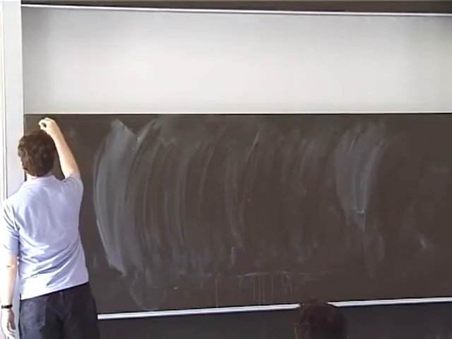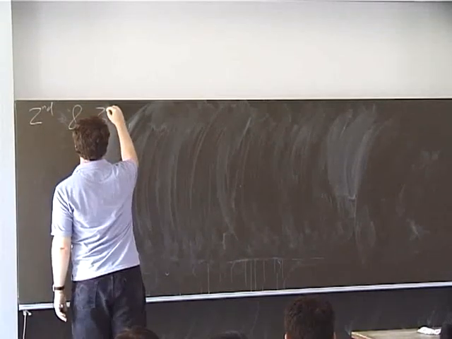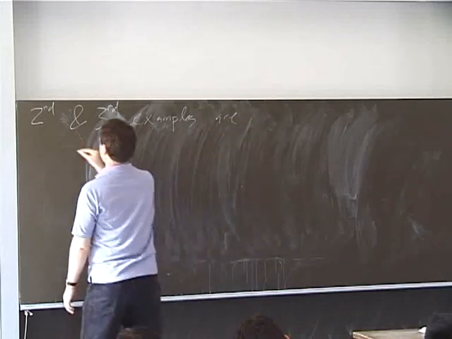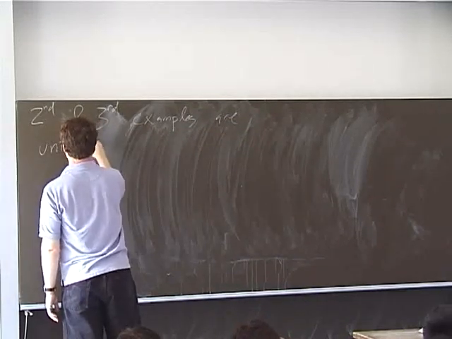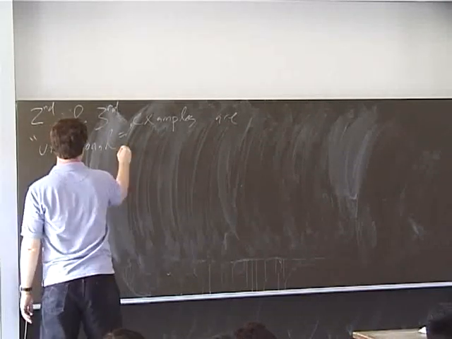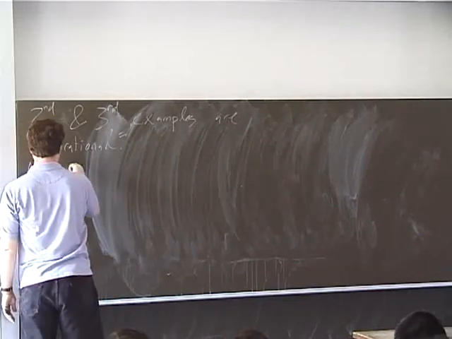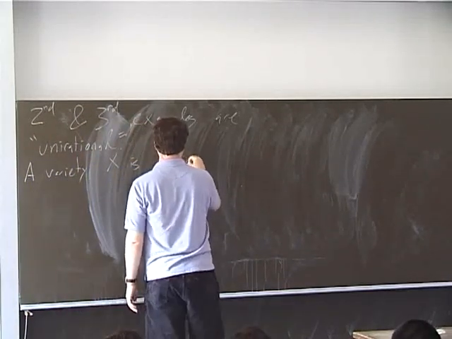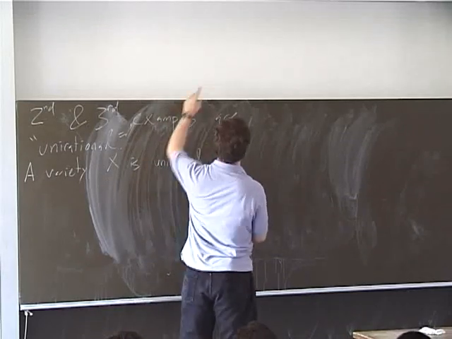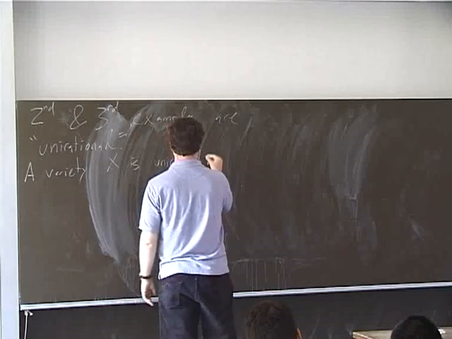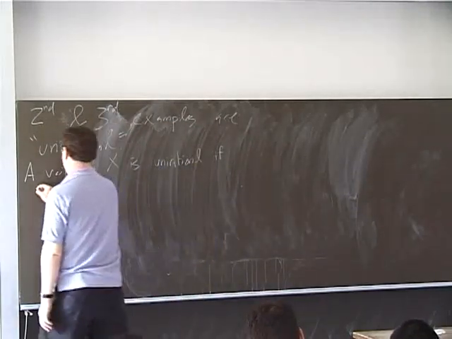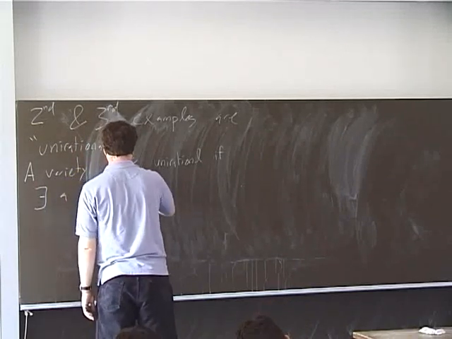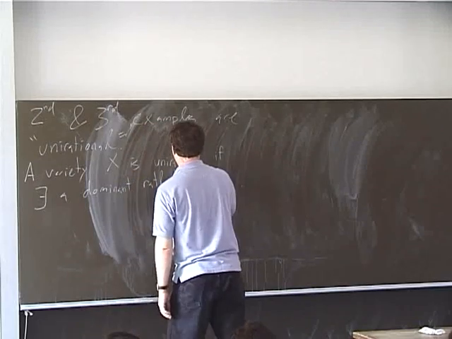But the second and third examples are unirational. What does that mean? A variety X over a field, but I mean the base change to K bar, is unirational if there exists a dominant rational transformation from projective space to the variety.